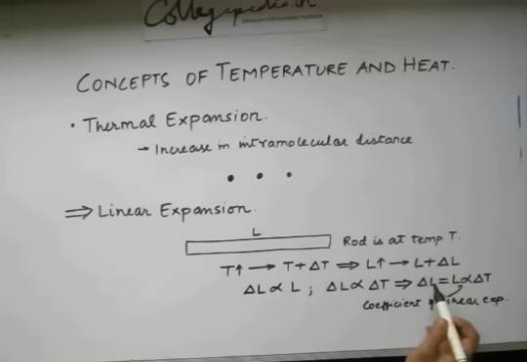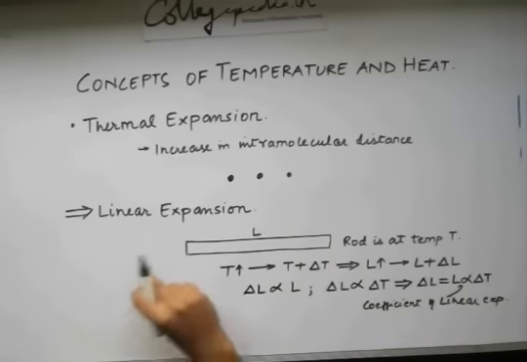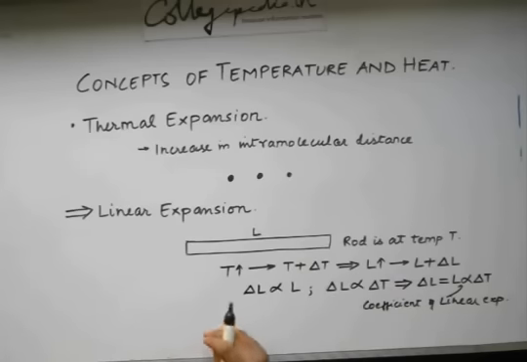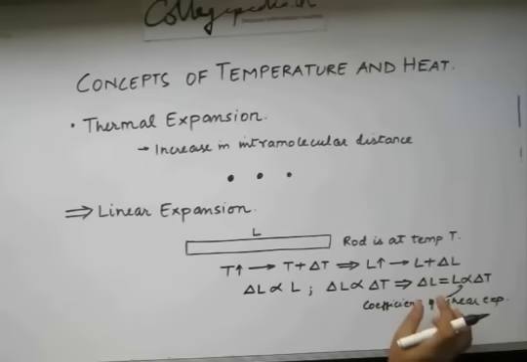This delta L is the change in length. Capital L here is, as you see, the original length, and delta T is the temperature difference. So if we heat a rod like this with a temperature difference of delta T, we will be having a change in length of this amount of this rod.